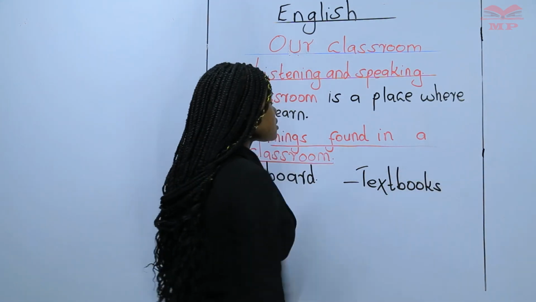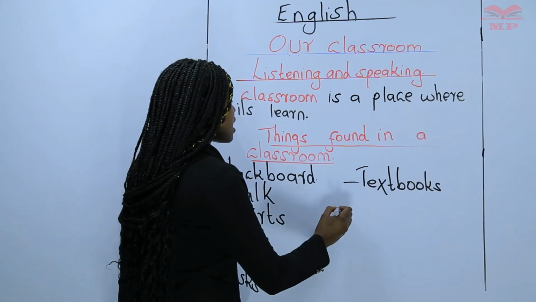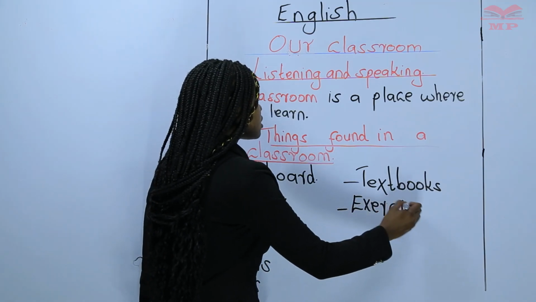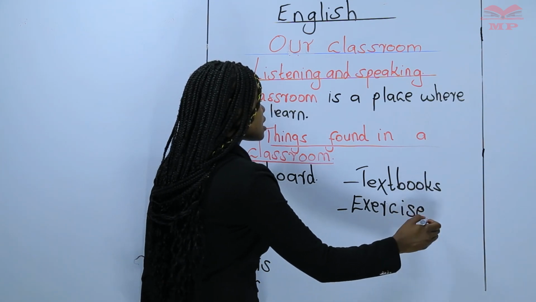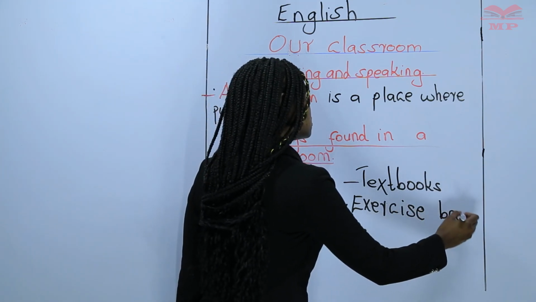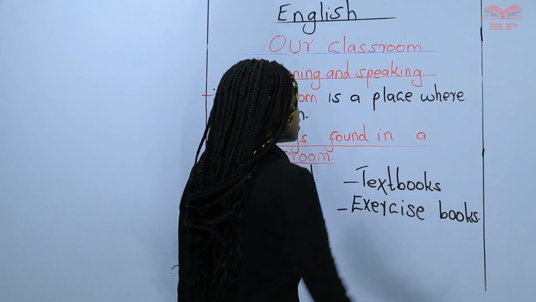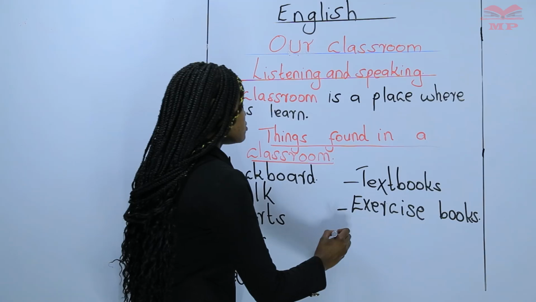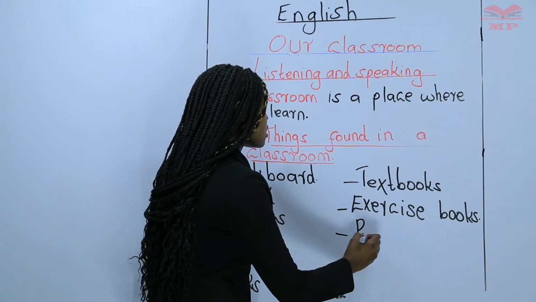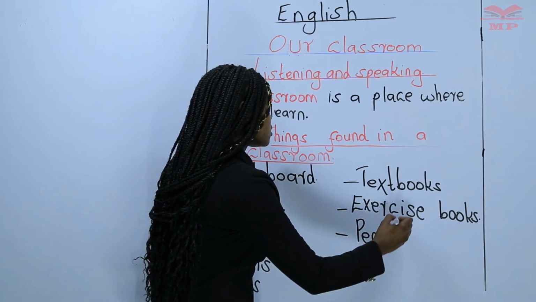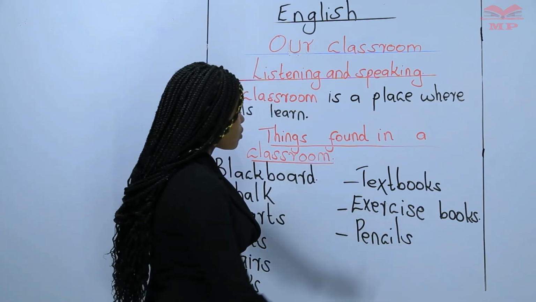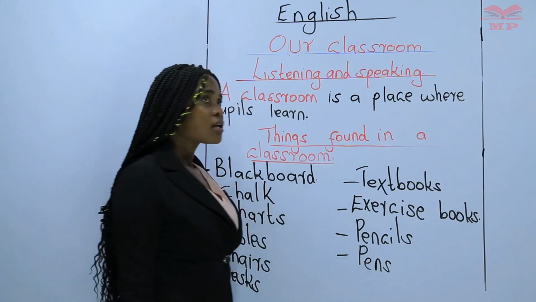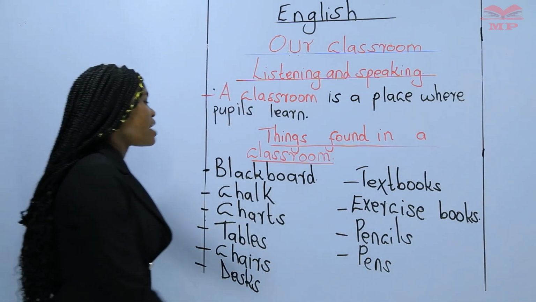Then we have exercise books where we write the teacher's notes and work. Now in the exercise book, there is something you use to write in it. You can use a pencil. So pencils, and also pens. Then we have a blackboard duster.